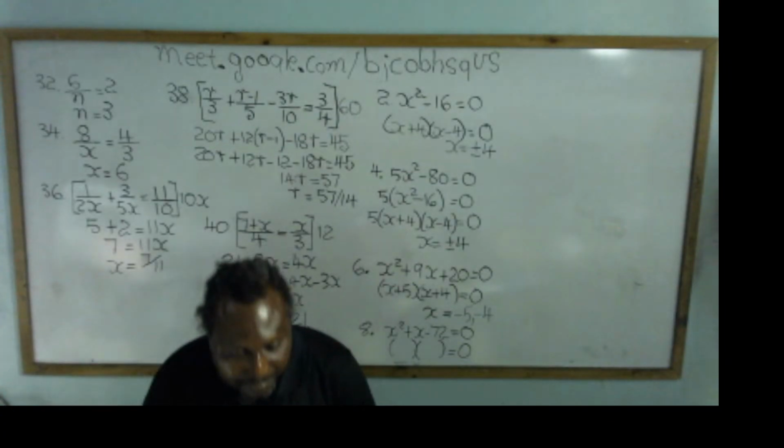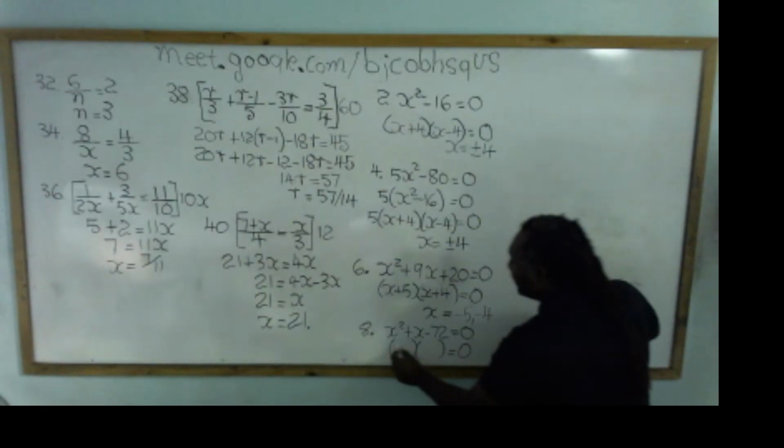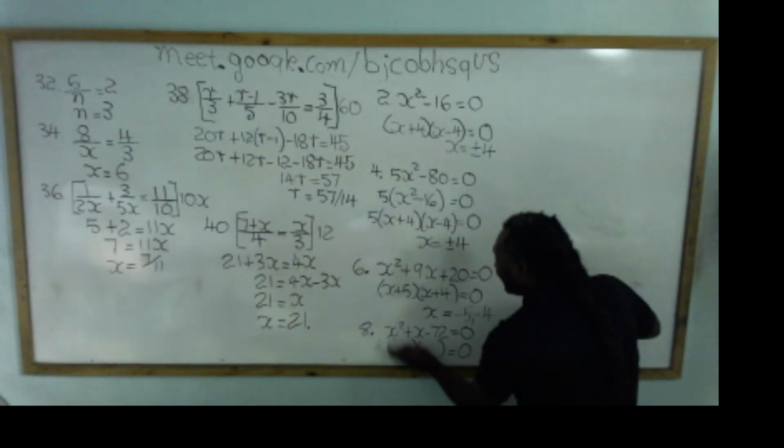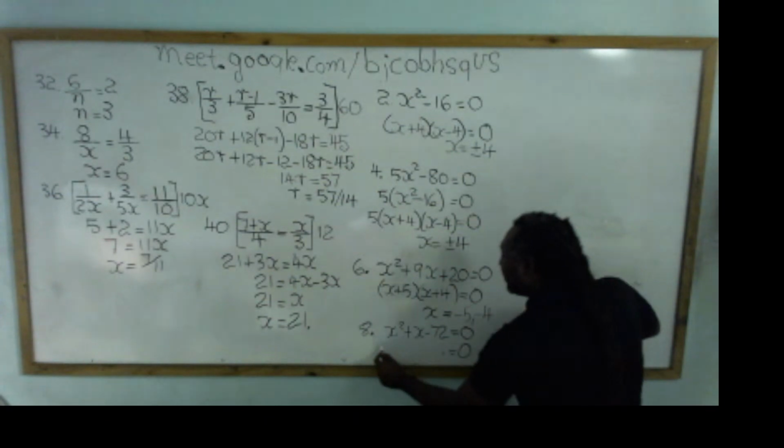Nine and negative 8 is correct. x plus 9, x minus 8.